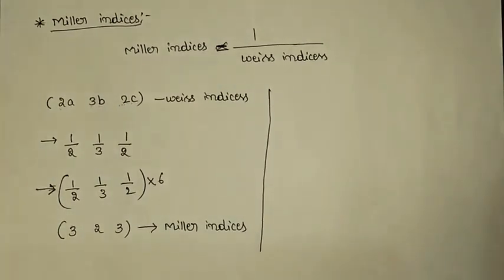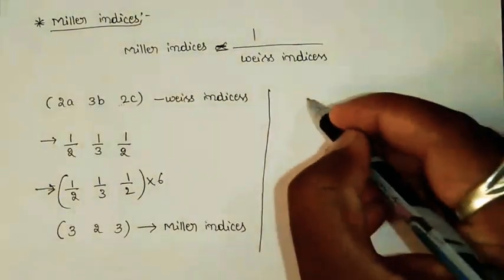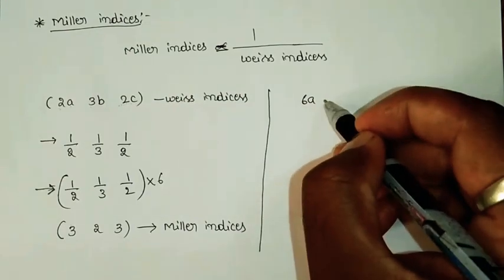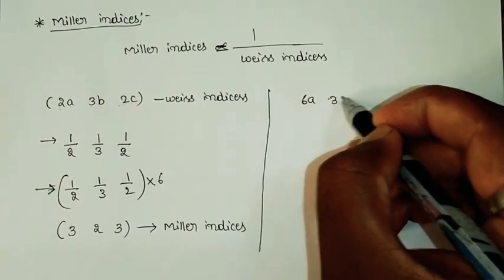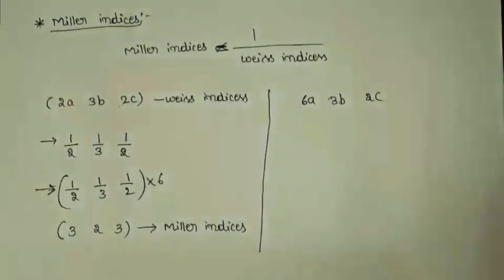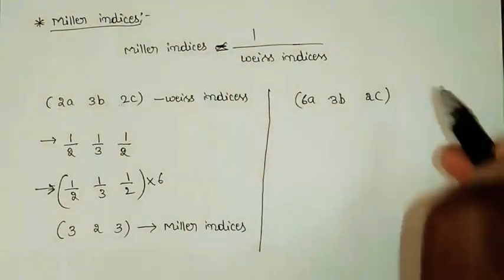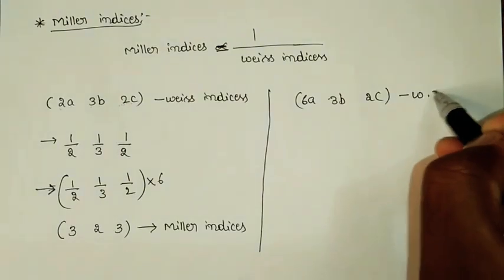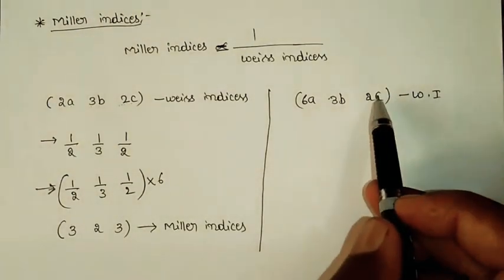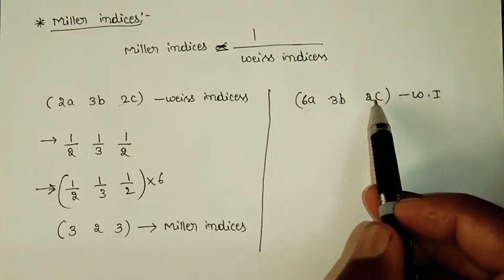Let me consider the Weiss indices 6A, 3B and 2C. From this Weiss indices, we have to get the Miller indices.